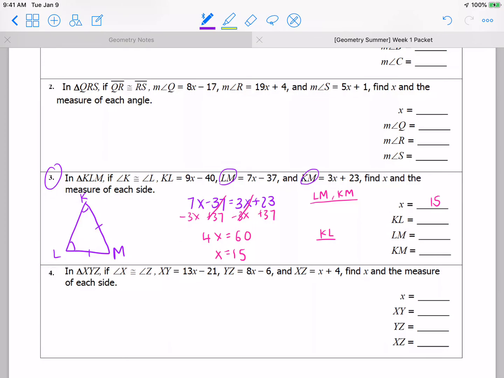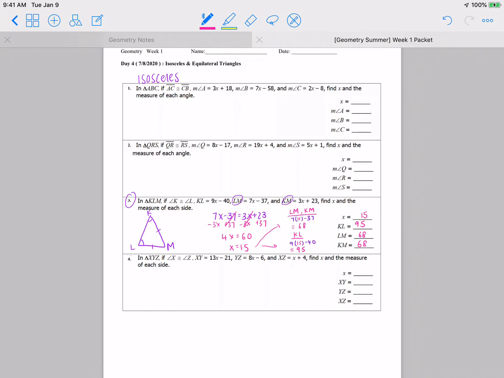So for LM, 7 parentheses minus 37, 9 parentheses minus 40. I'm going to put my 15 in there. We will get, let's see, 68 and 95. 68 for this one and 95 for this one. That's it. Go ahead and finish the rest of the questions.